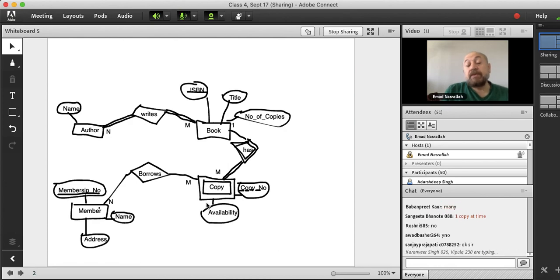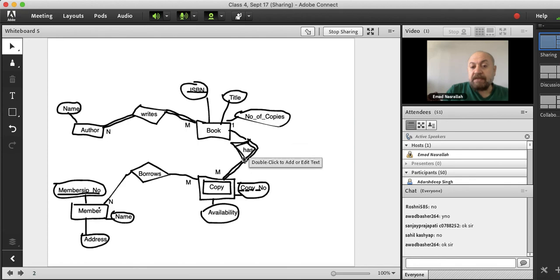It will be borrowed by many persons. So it's many to many. But the book has many copies. Can a copy belong to more than one book? It's impossible. So it's one to many.